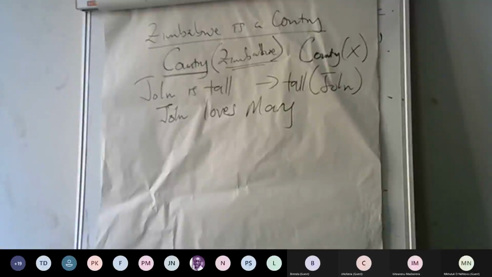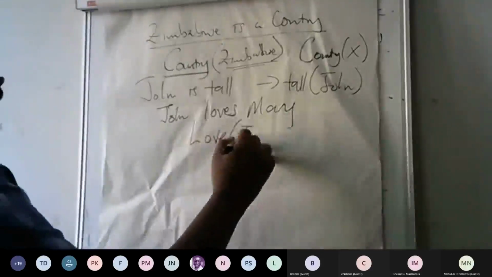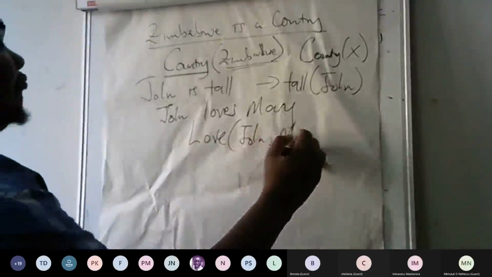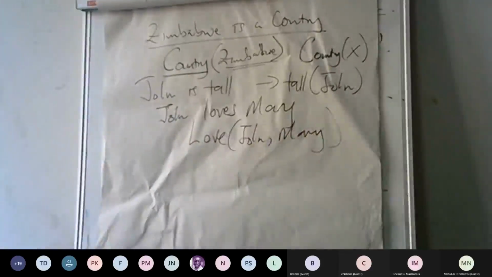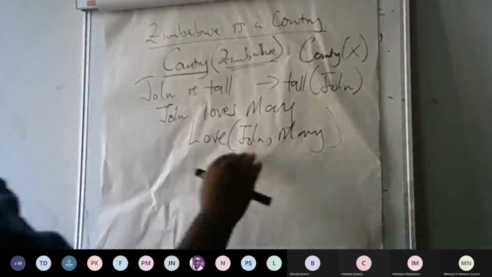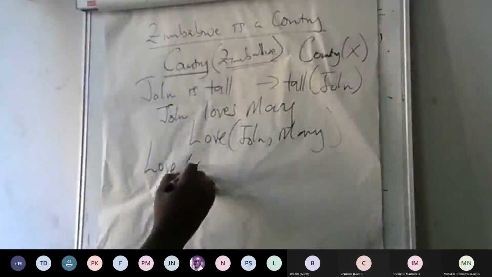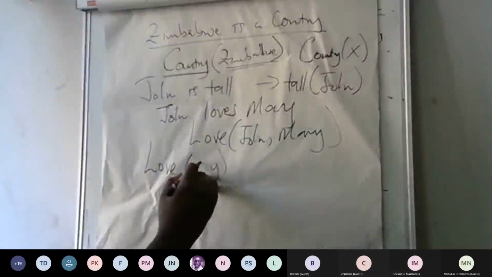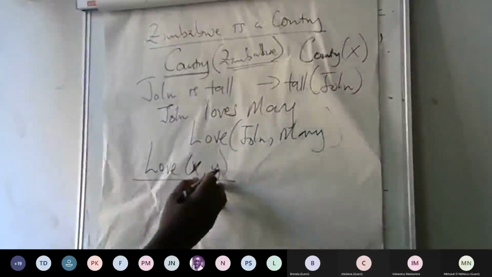But I can move on to say Love(John, Mary), because the global variable that is joining the two is Love. So I can generalize it to Love(x, y), where I can also make room for you and your loved one.